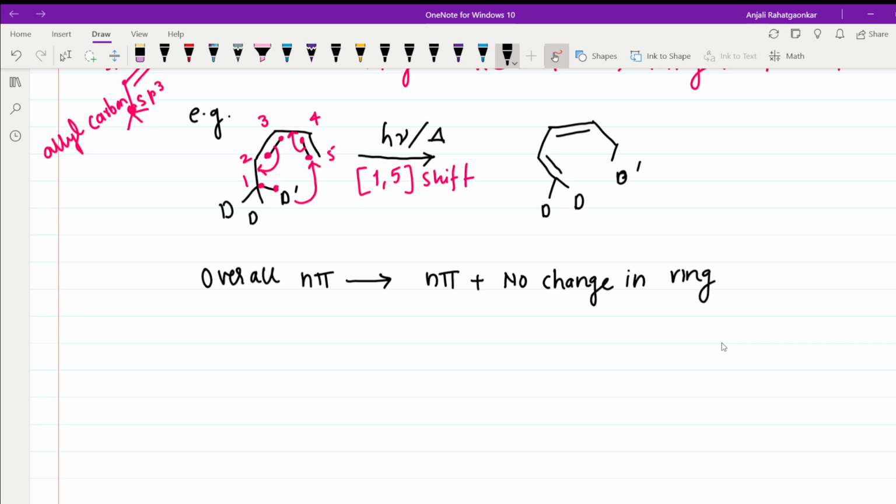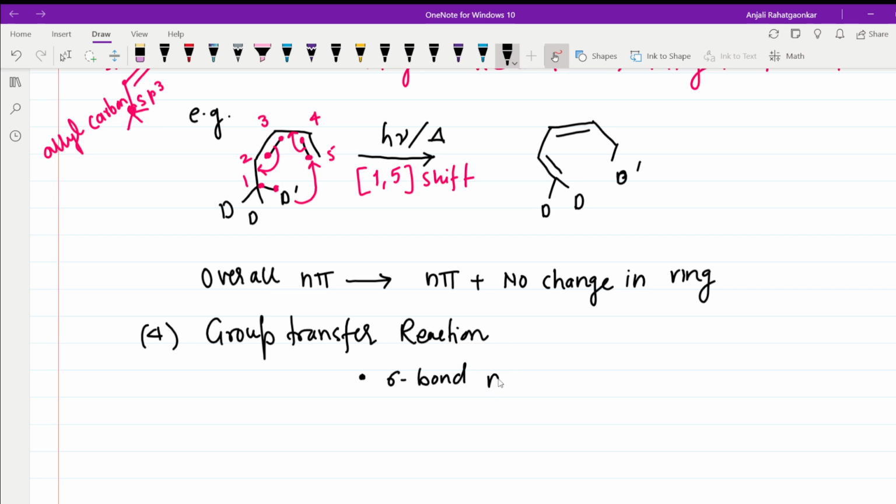Then the next reaction is the 4th reaction. This is called a group transfer reaction. The important point to be noted is that here also the sigma bond migrates, from one molecule to another molecule.